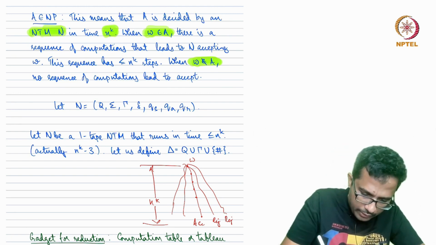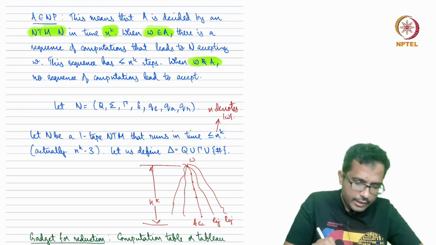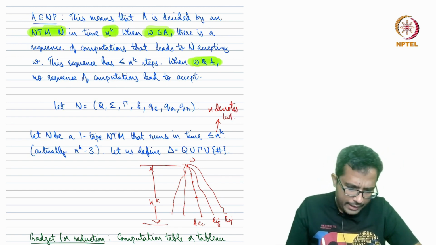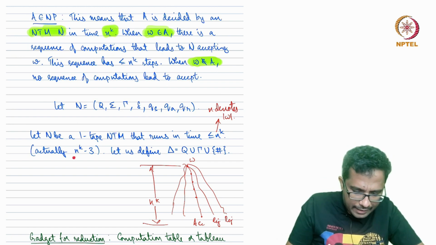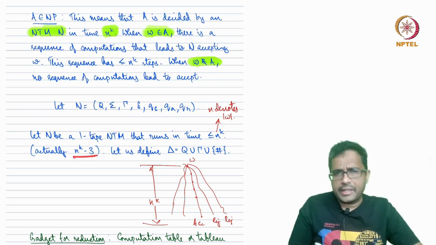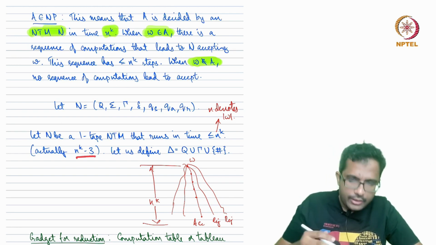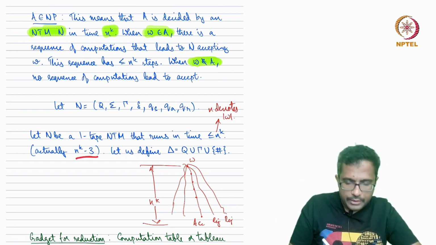Maybe I'll just note that: n denotes the length of the input, the length of W. And in fact, to be a bit more precise, we assume that it runs in n^k minus 3 time, which is not really a big assumption, because if it needs n^k, then we go to the next k, n^(k+1), so that it runs in n^(k+1) minus 3.